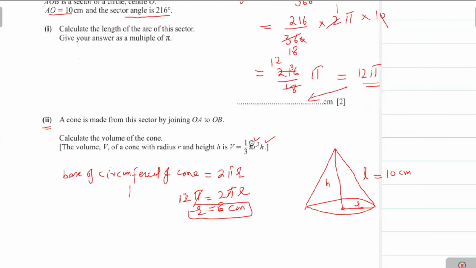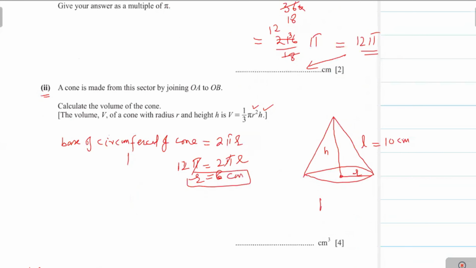Therefore we can calculate the height by using the Pythagoras theorem. h squared will be equal to hypotenuse squared minus base squared, and here this is 10 squared minus 6 squared. This will be equal to 100 minus 36, which is 64. Therefore h will be equal to 8.